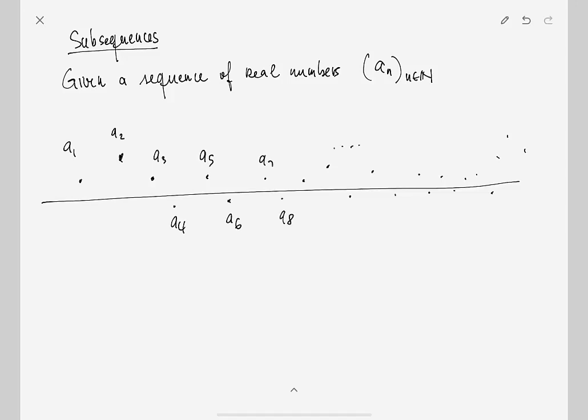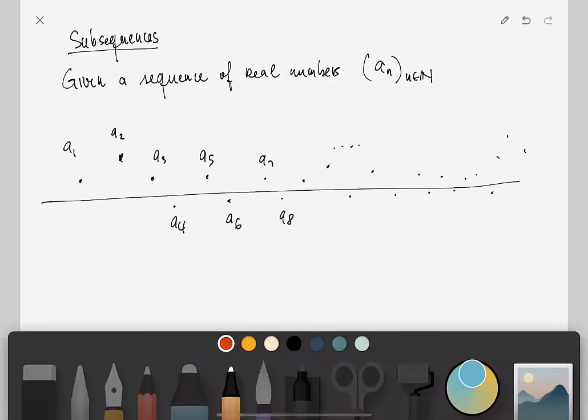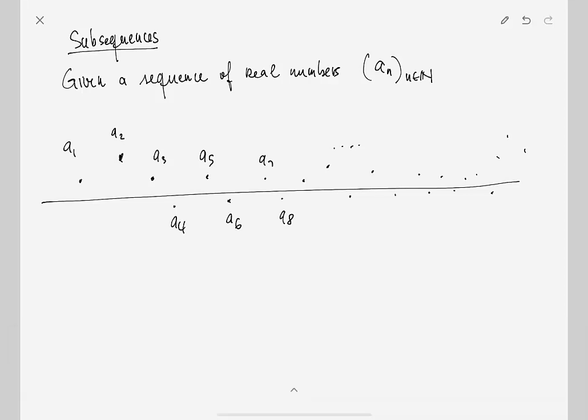a8, and so on. Now, one can construct a subsequence of this given sequence by essentially selecting some terms and then omitting others in increasing order. It's really important to have this selection occurring in increasing order.